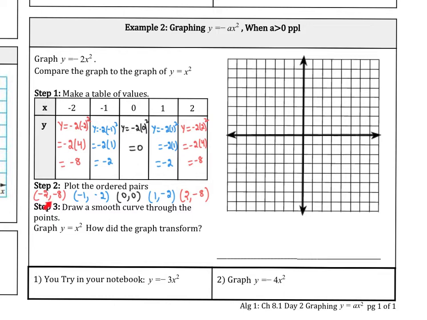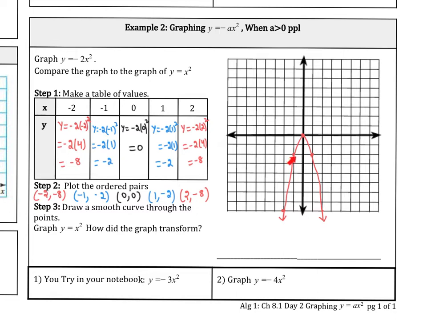Now we are going to plot all these points and see our graph. And that is going to be a downward-facing graph. Why is it facing down? Because we have a negative in front of the a. I'm going to plot these points. Negative 2 comma negative 8 is this point right here.